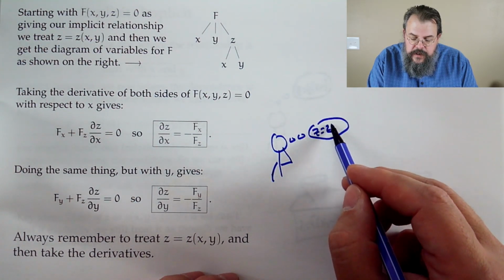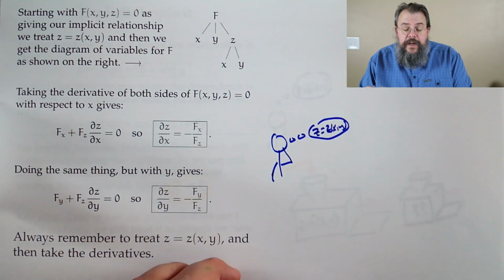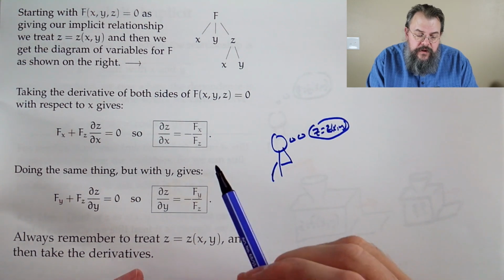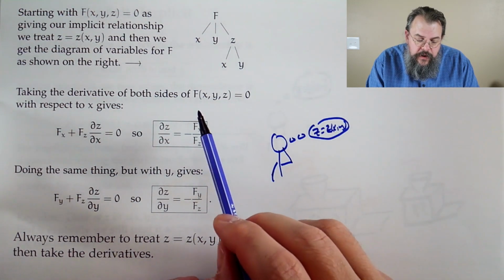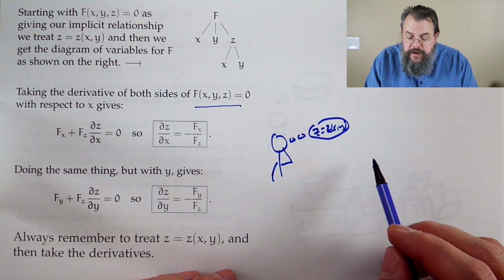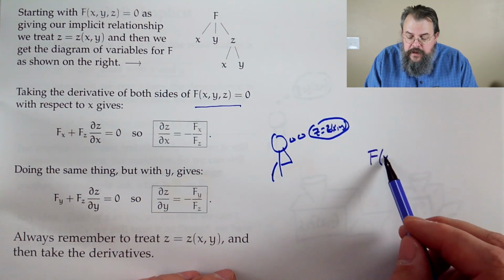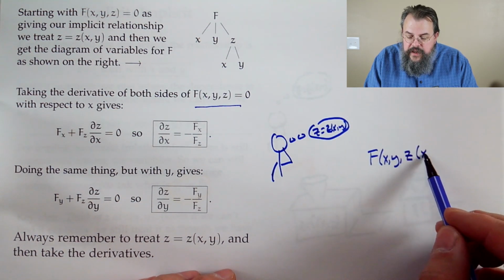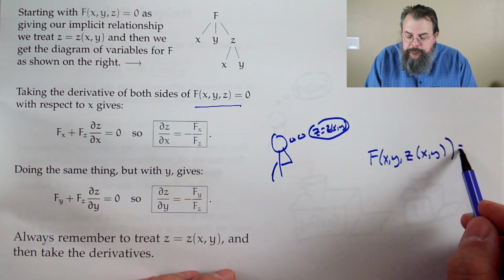We may not actually write it out, but we'll think it. So what can we do? Well, we're going to take the derivative of both sides with respect to the same thing. I'll actually write it out this time, just so that we can see what's happening. I have f of x comma y comma z of x comma y equals 0.